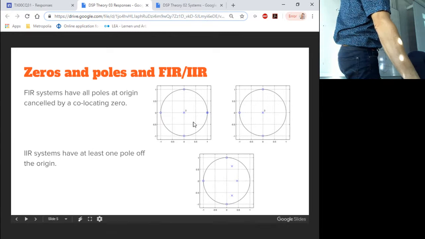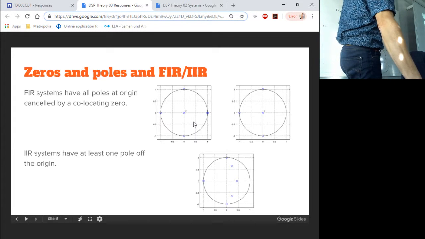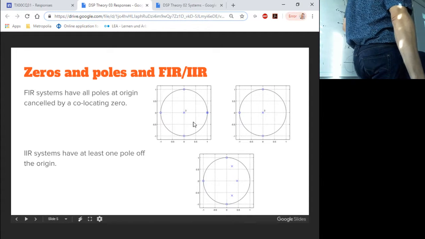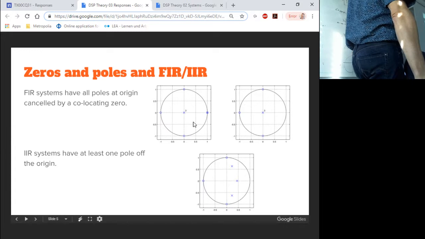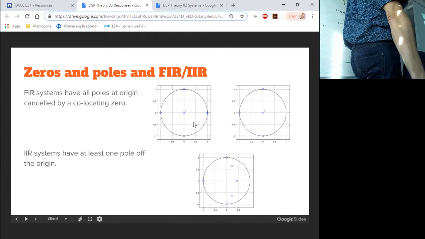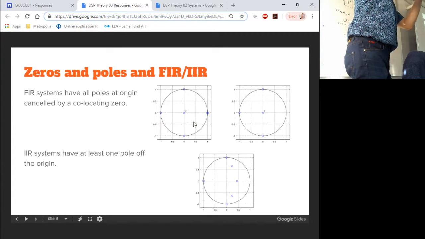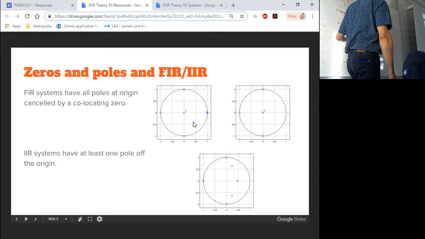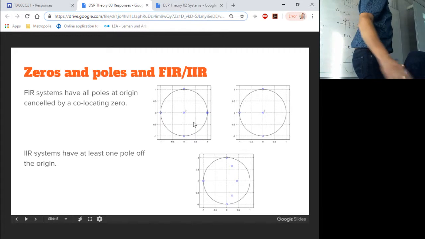But if you know that the system is LTI, meaning it has a meaningful difference equation, then you can take a look at the zero pole plot and see stability, if the poles are inside of the unit circle, and also if it's FIR or IIR.